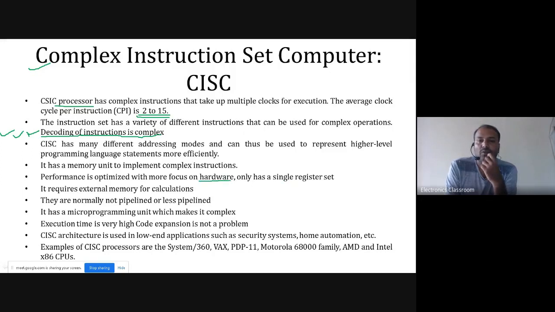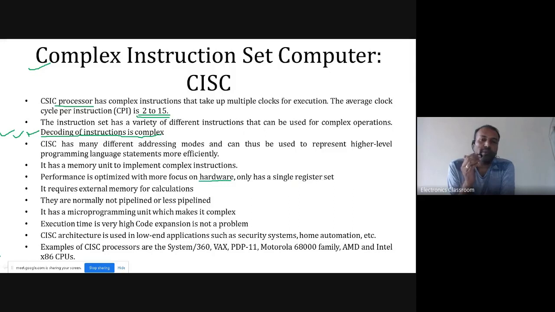What do you mean by more focus on hardware? Since there is a variety of instructions, decoding is complex. So all those complex things are handled at hardware level.